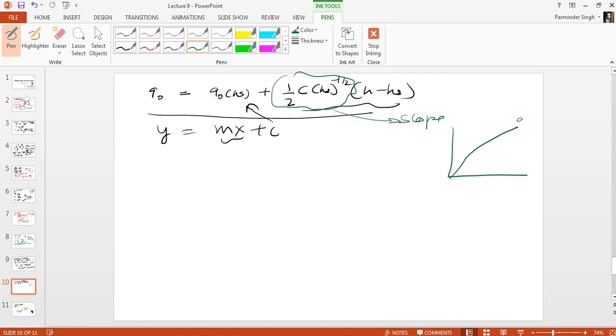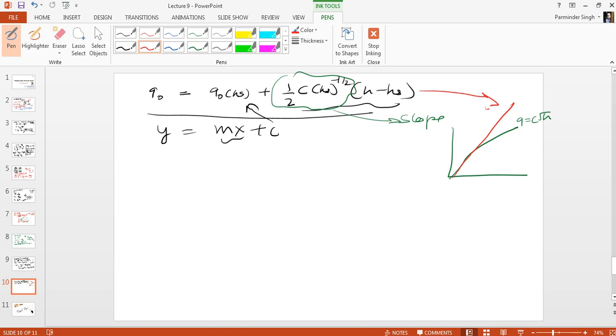If this was q equal to c under root of h, we have linearized it. Sorry, let me plot it again. So we have linearized it using this equation, which has a slope of 1 by 2 c hs raised to power minus half.